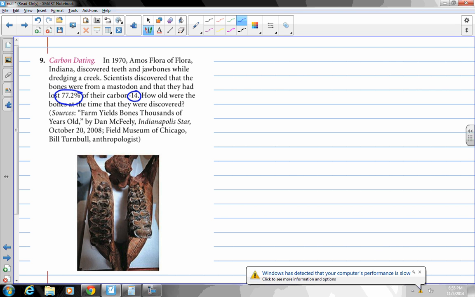Now, we need to know the half-life of carbon-14, and the book tells you that at some point. You don't need to have it memorized, but it's 5,750 years. That's the half-life of carbon-14. So we just need to set up the equation to figure out how old those little bones were.